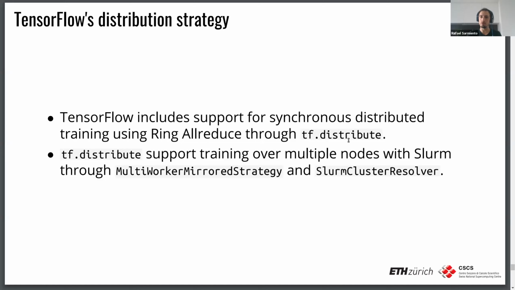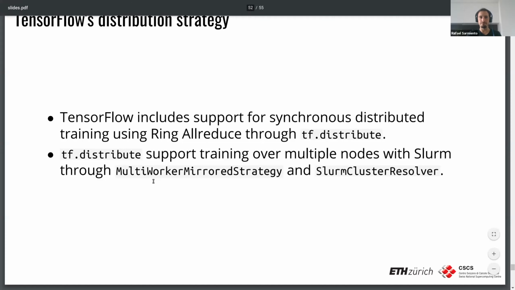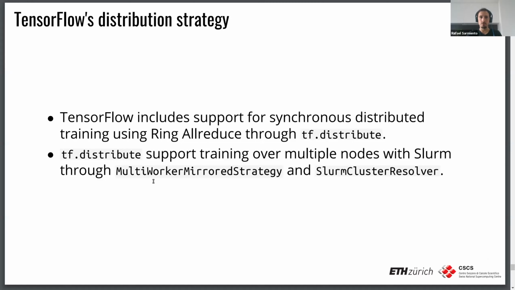So you use multiple nodes that work with Slurm, and this one works in TensorFlow with something called multi-worker mirrored strategy and something called a Slurm cluster resolver. With these two things, which you will learn later with Enrique, you can make it work distributed without Horovod.